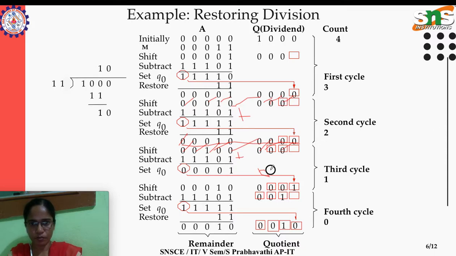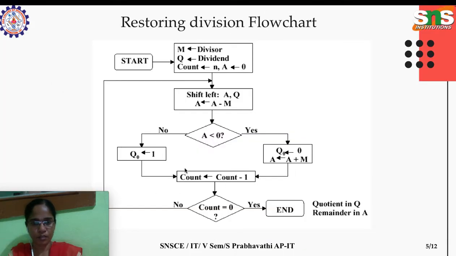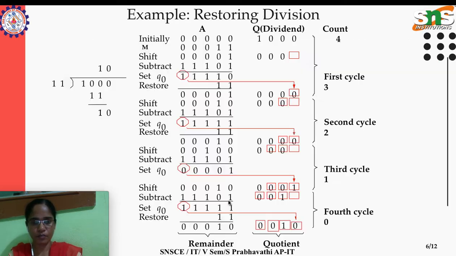So Q 4 zeros. Let me check. Okay, that's it. Then Q0 is set to 1, reduce the count and shift AQ.